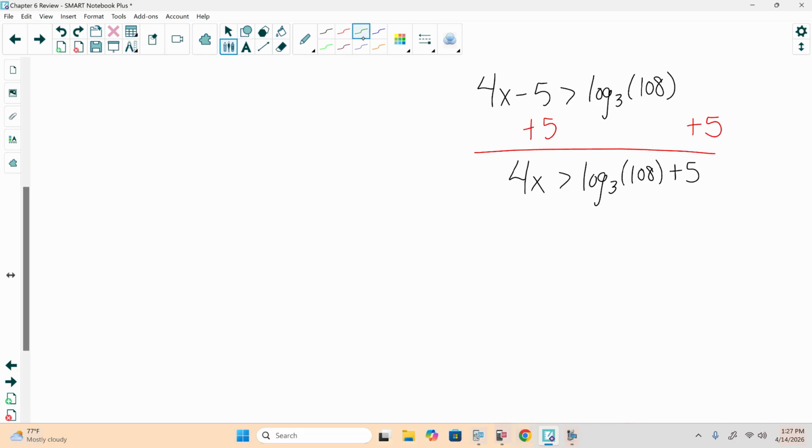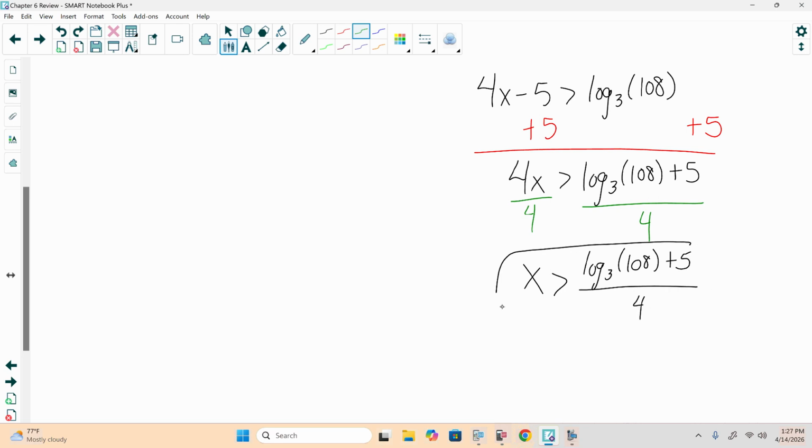And lastly, we would divide both sides by 4, telling us x is greater than log base 3 of 108 plus 5 all over 4. And that's it. Now, for the most part, we'll leave it as this here.